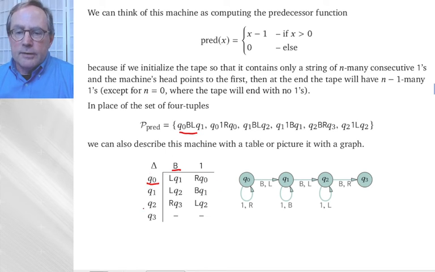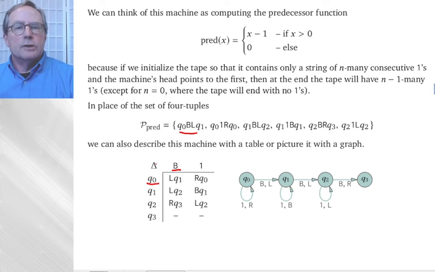The present state and the present symbol on the tape are on the outside of the table, and on the inside of the table is what happens next. One thing that this table highlights is that the relationship between input and output, what you're looking at on the tape now and what happens next, is a function. So you take Q0 and B, and then there's a thing to do. You go to the left and put yourself in state Q1. That function is called delta. We'll talk about it a lot as we move through the course.